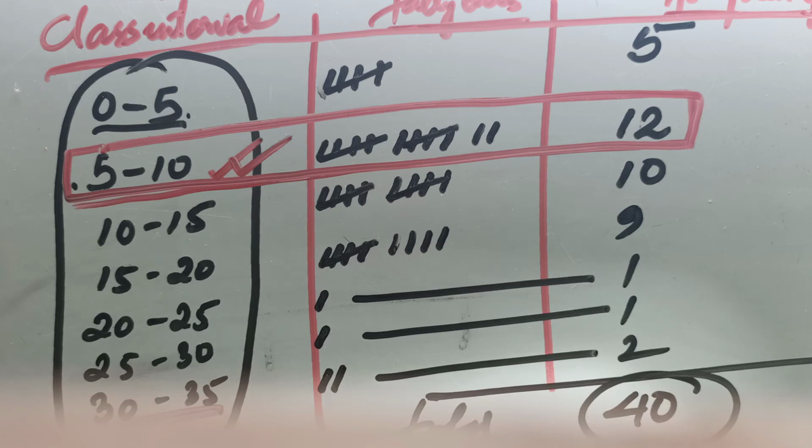Then will be 88 to 90, 90 to 92, 92 to 94, 94 to 96, 96 to 98, 98 to 100, because you have 98.1. 98.1 means it will come between what? 98 to 100. And then similarly question number 4, question number 5, right?